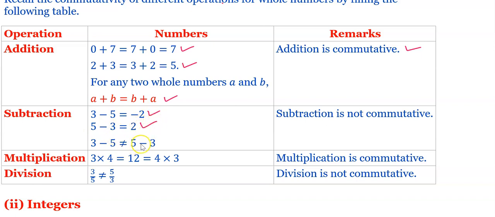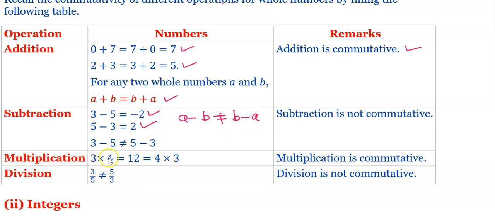They are not equal, and therefore subtraction is not commutative. That is, here a minus b is not equal to b minus a.